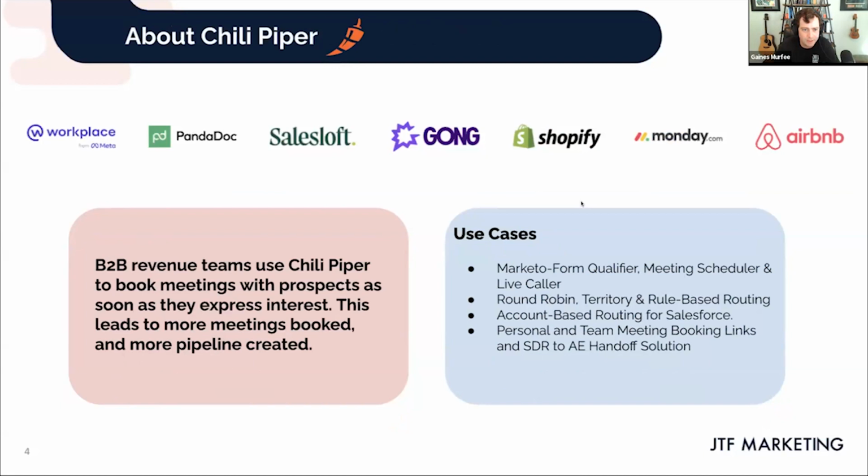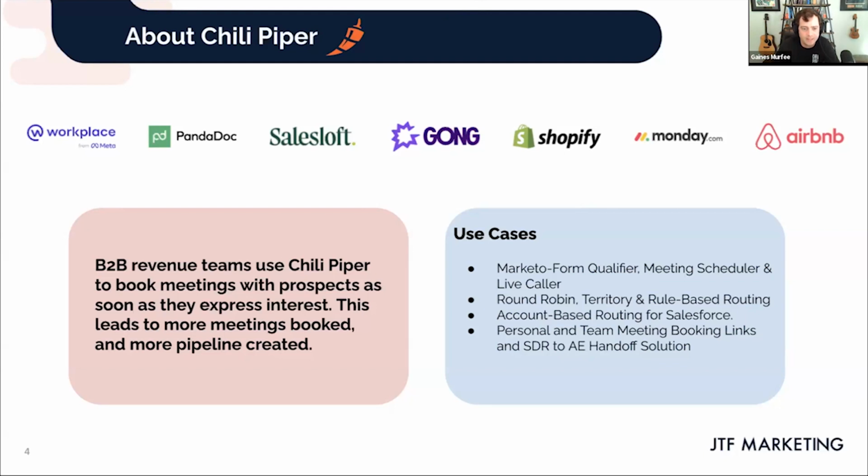But yeah, Chili Piper is at its core a scheduling application built for primarily B2B sales teams and people who need to schedule meetings. Primarily if you work with Salesforce, which a lot of people who work with Salesforce work with also Marketo.